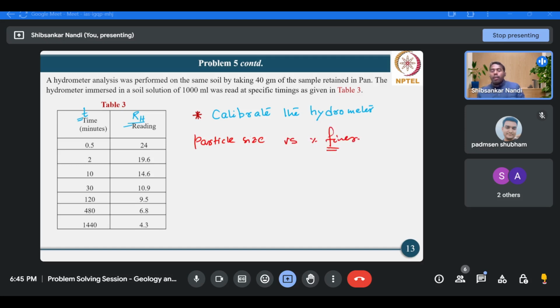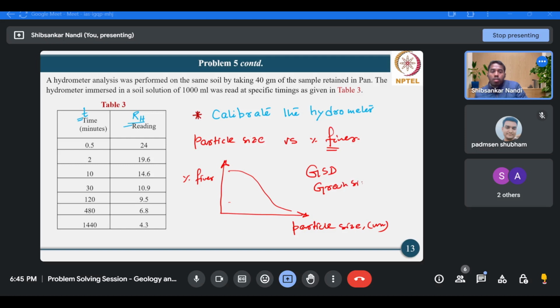This is our motive, because you need to plot the percentage finer on the y-axis, and the particle size, suppose in millimeter, on the x-axis. This type of plot is known as the GSD, grain size distribution curve.